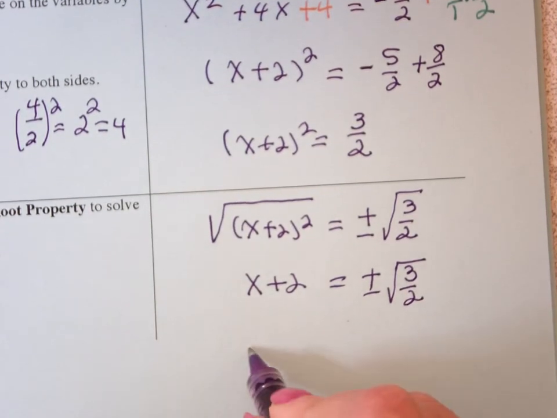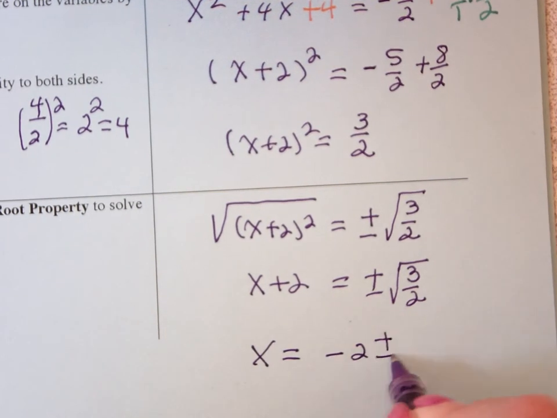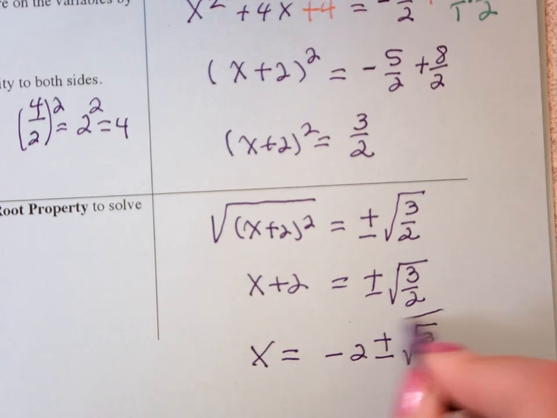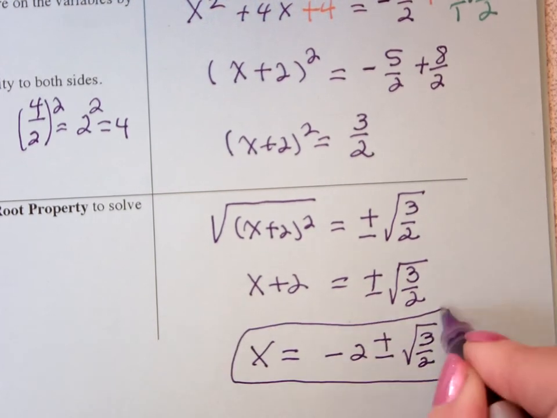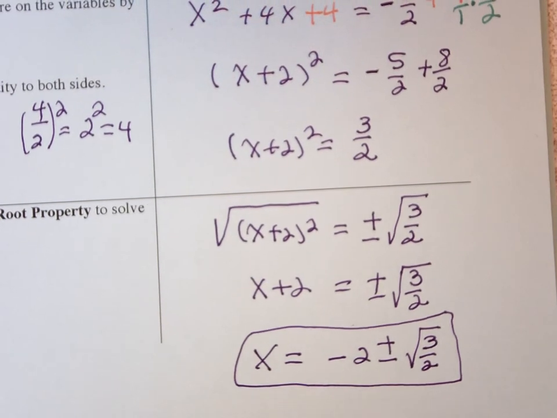Or that x equals minus 2 plus or minus the square root of 3 halves. Now that's an okay answer as it stands. You could even give me a numerical answer, but that's not satisfactory for your book.